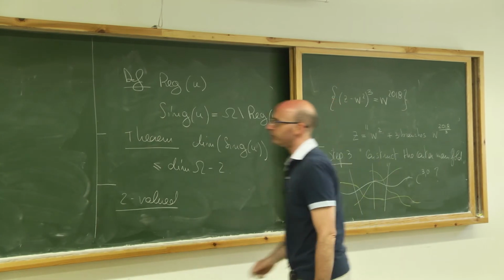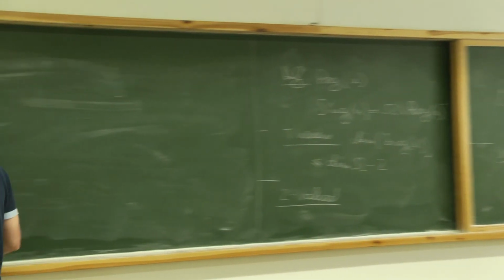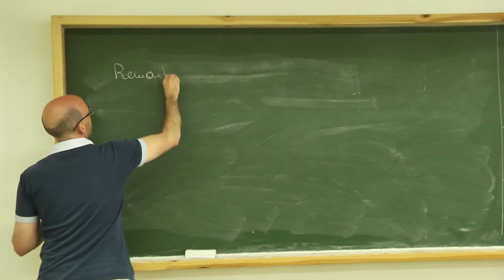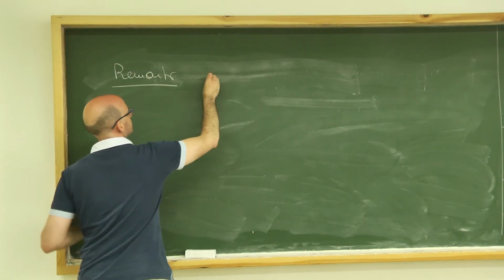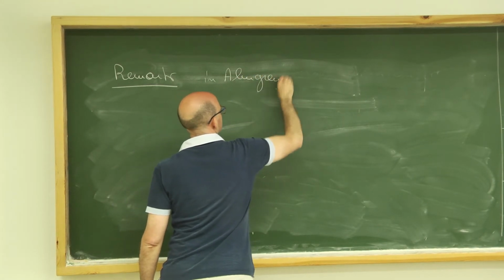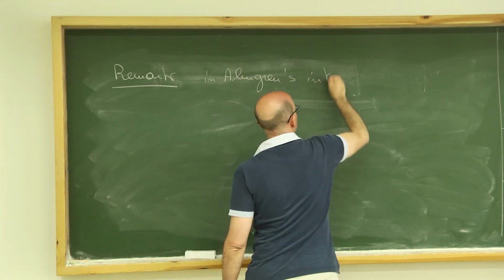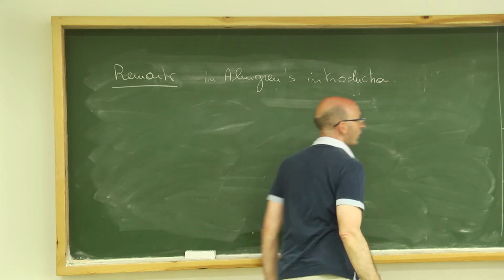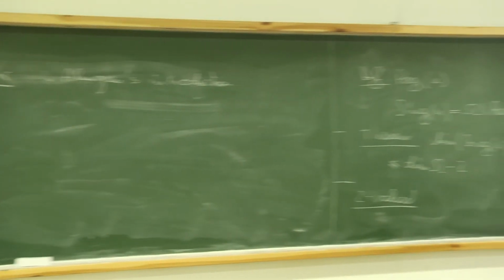So our starting point for the construction of this center manifold was a remark of Almgren in the introduction. So an interesting thing that you see from these considerations is the following.